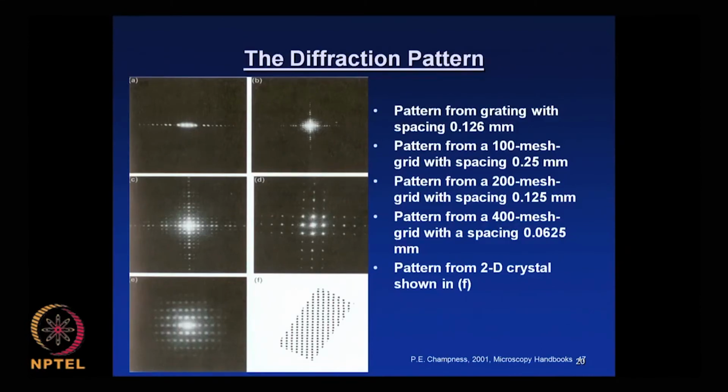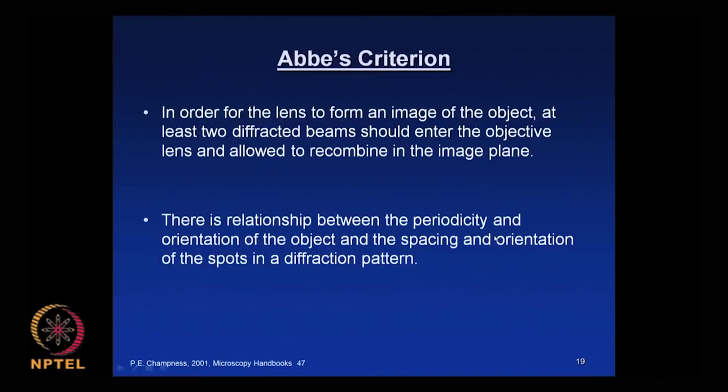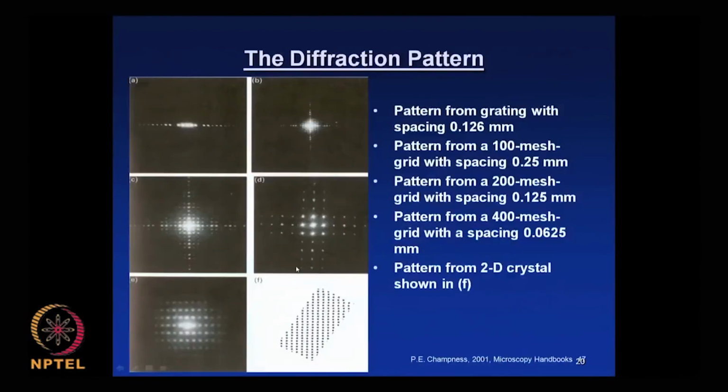As the spacing in the grid decreases, the spacing between the spots in the diffraction pattern increases. So, this is what we stated previously. There is a relationship between periodicity and orientation of the object and the spacing and orientation of the spots in a diffraction pattern.